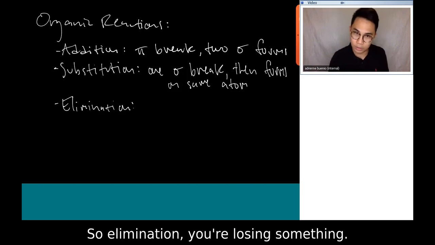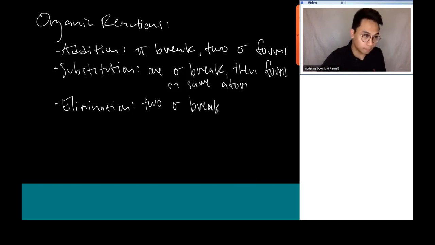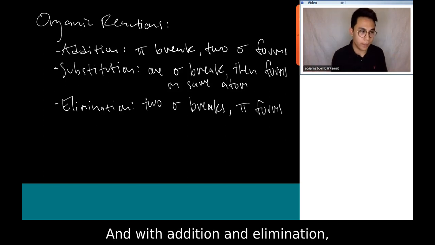So elimination, you're losing something. So this one, two sigma breaks, and pi forms, right? So easy as that. And with addition and elimination, they're reversible.